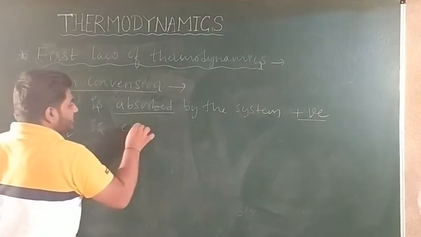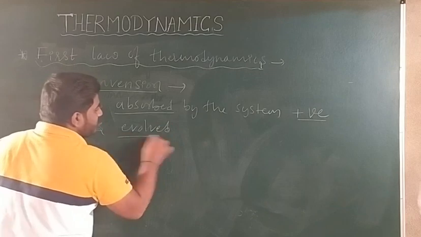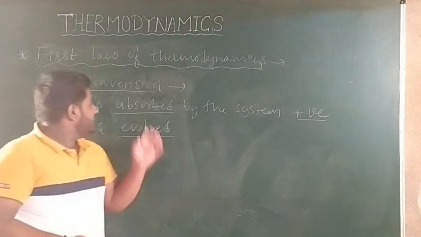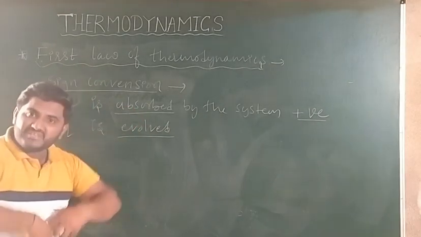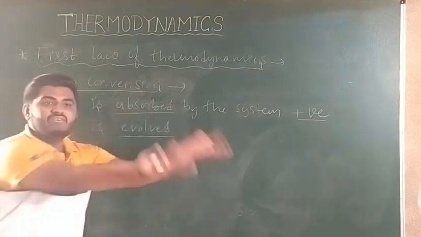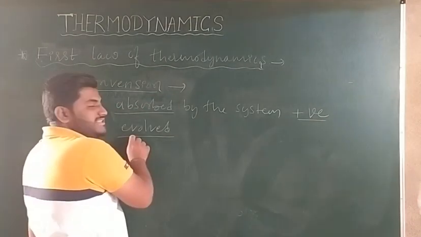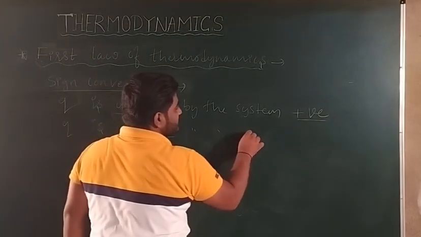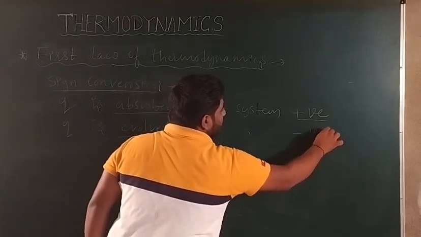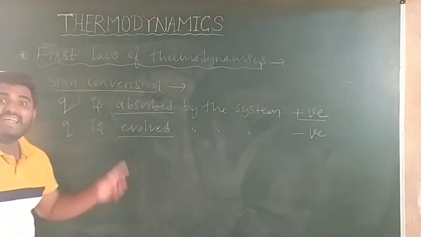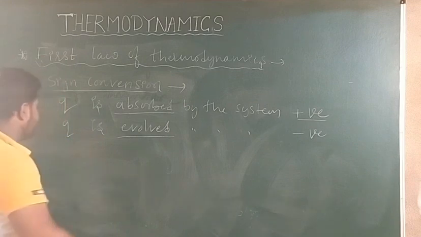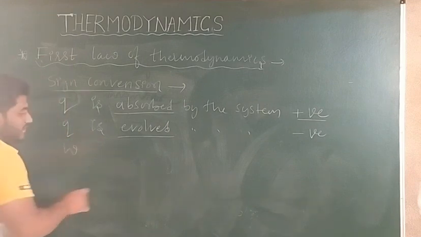Heat is evolved. Evolved means given to the surroundings. Here absorbed means taken from the surroundings. So when heat is evolved by the system, it is negative. Next one, work. W means work.